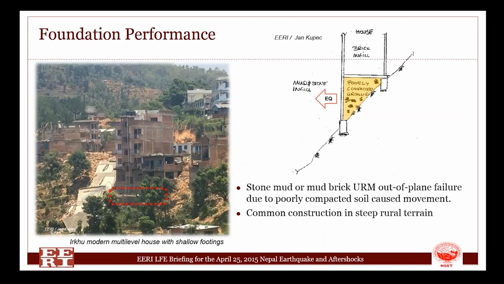One particular aspect that we noted in the steep terrain is where the construction was such that the foundation systems were built and the first part of the frame was built, and the ground was then compacted behind the unreinforced masonry infill, relatively poorly, using hand compaction only.